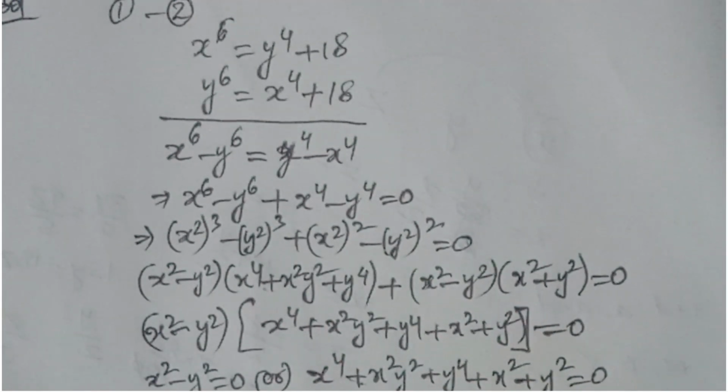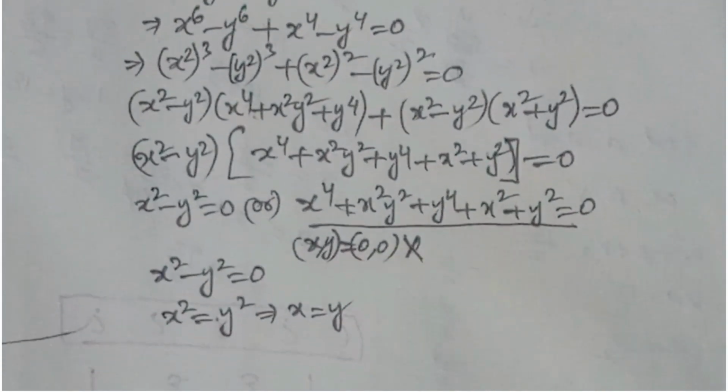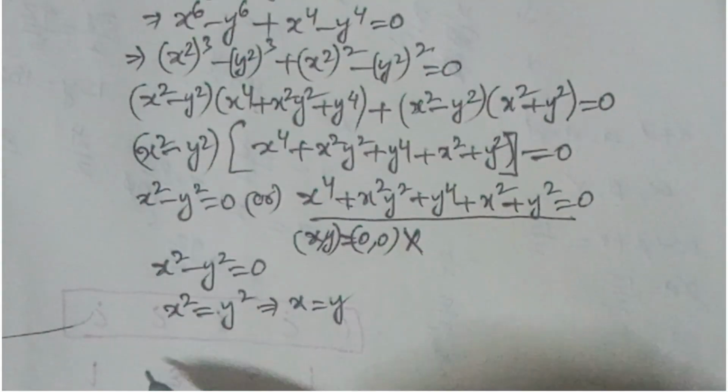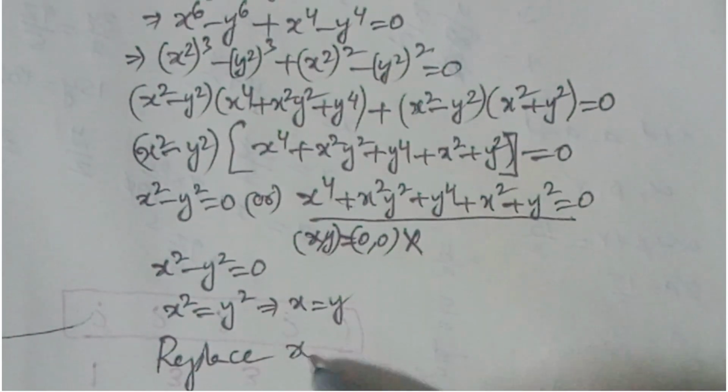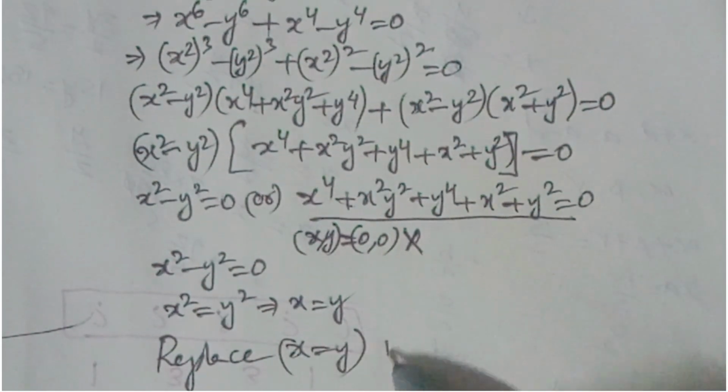Now the second part, x square minus y square equal to 0. So here x square is equal to y square, that implies x is equal to y. Now replace this value, replace x equal to y in the first equation.